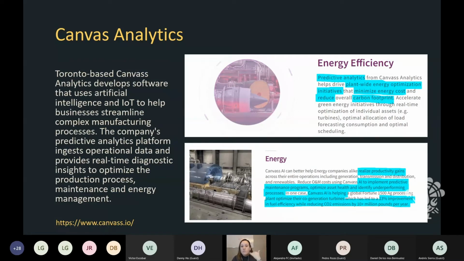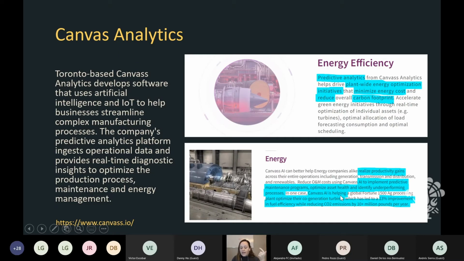Now, when I said we are fact-oriented, this is where we are fact-oriented. They bring examples of customer stories, or what they did for a particular customer, right? And as you can see here, they realize productivity gains. They also implement predictive maintenance programs. They optimize health and identify underperforming processes.